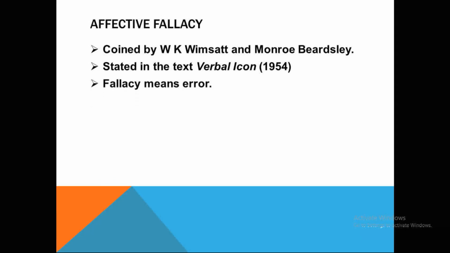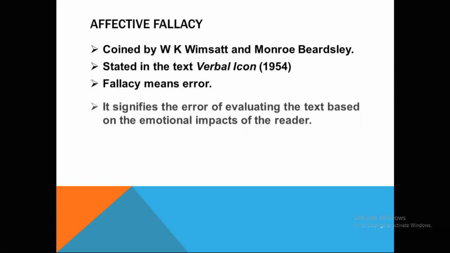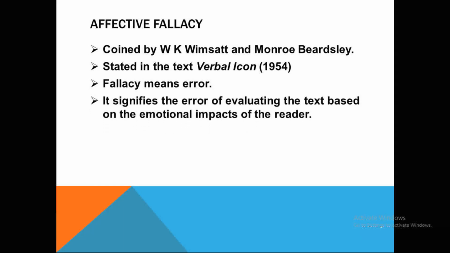So, what does affective fallacy signify? Affective fallacy signifies the error of evaluating the text based on the emotional impact on the reader. So, we see that certain texts are analyzed or criticized based on the impact they make on the reader, for example, a kind of subjective criticism.